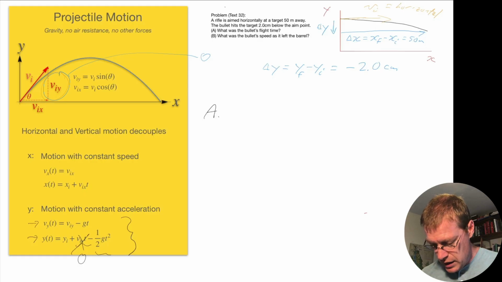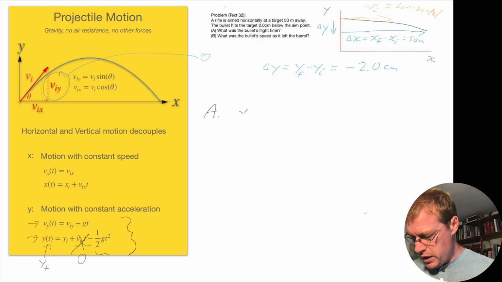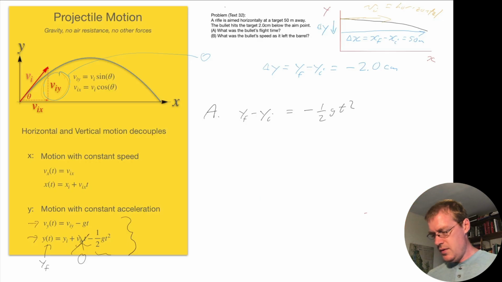At the final time, this is just yf, and so I can bring this yi over to the other side. So I can write y final minus y initial equals minus 1/2 g t squared.